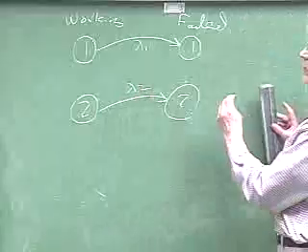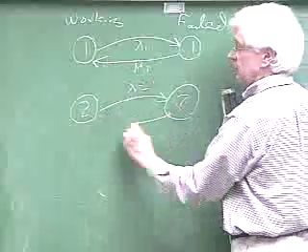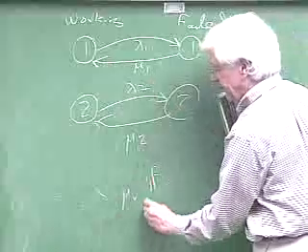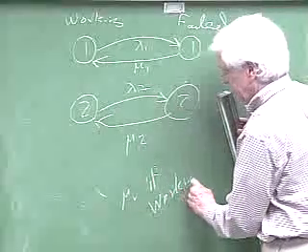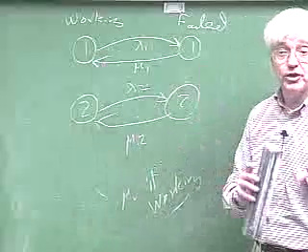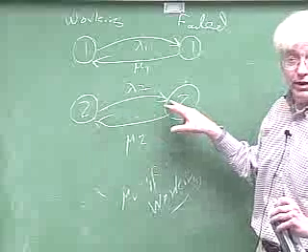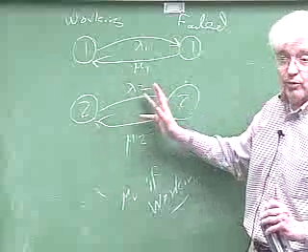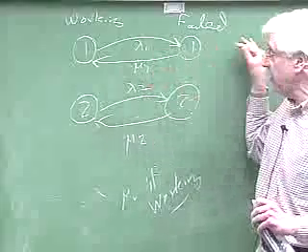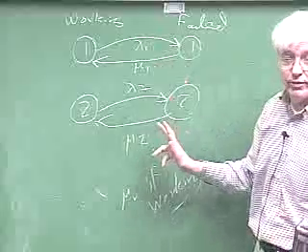Now, if the repairman is working on it, the repair rates are mu 1 and mu 2. There's only one repairman for two machines. So if both machines are working, they're each failing at these rates. If the repairman's working on a broken machine, it's being repaired at this rate. So the data is just these four rates, different for the machines.